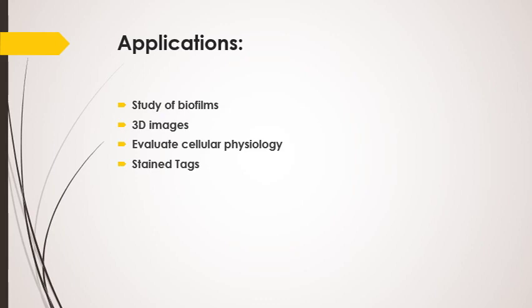Second, the confocal microscope helps to obtain three-dimensional images of entire cells and cellular components. In addition to this, it also helps to evaluate cellular physiology by noting the distribution and concentration of substances such as ATP and calcium ions.